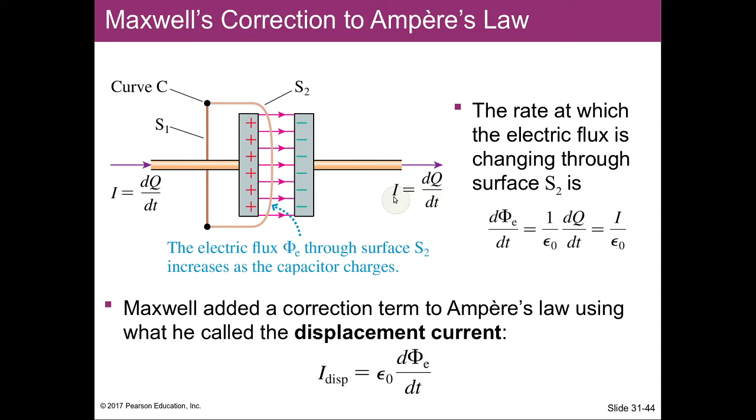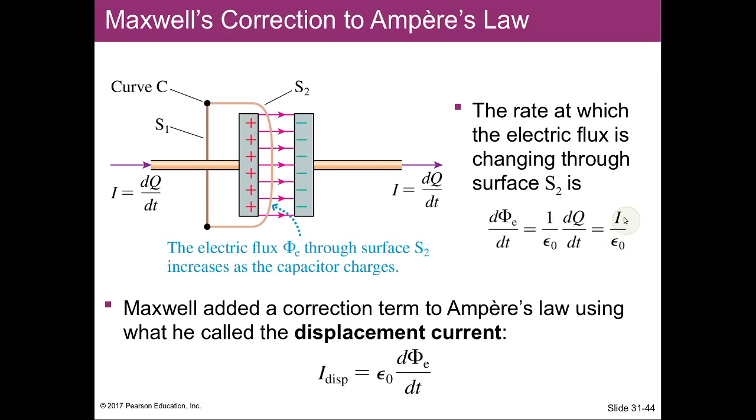dQ by dt is just the current. Well, the electric field is Q over epsilon naught A, but the electric flux is E times the area. So area cancels out, and we have just this expression left, that is just the current divided by epsilon naught.